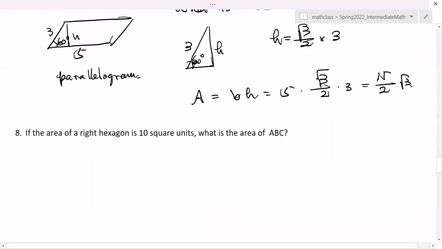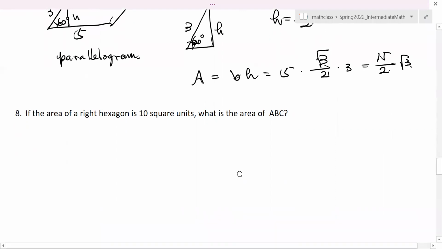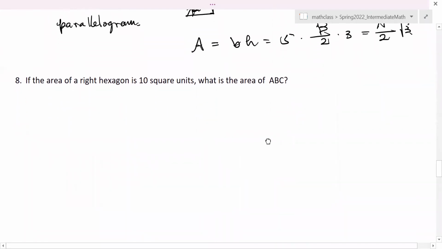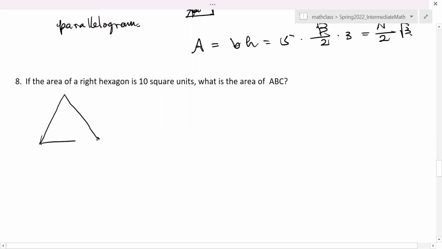All right, so now we continue applying the area formula for triangles to other problems. Before we solve the problem, we need to talk about the area formula for the equilateral triangle.